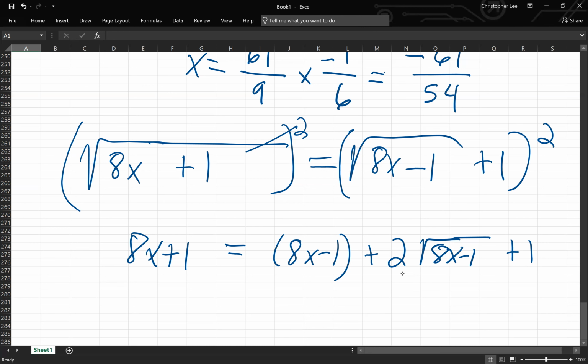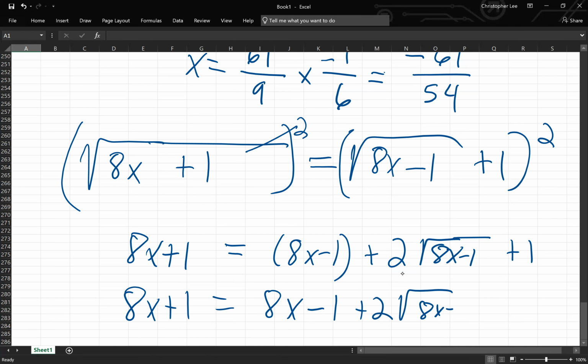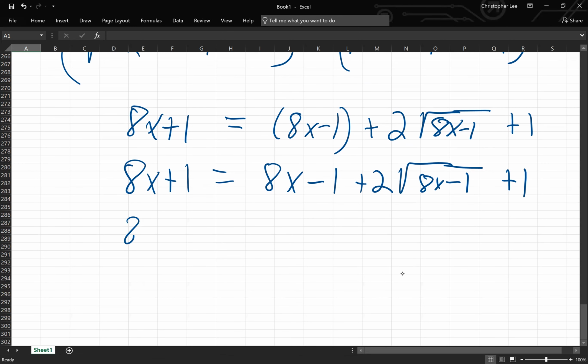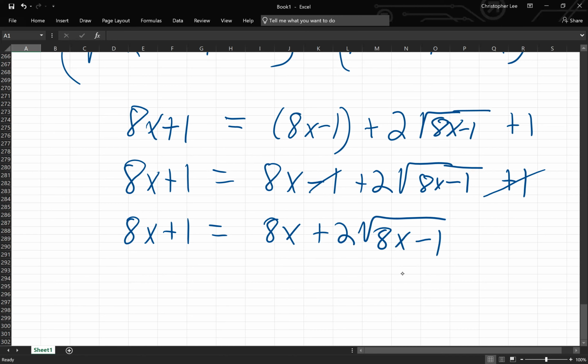So I have 8x plus 1 equals 8x minus 1 plus 2 times the square root of 8x minus 1, plus 1. Combine like terms: 8x plus 1 is equal to 8x, the negative 1 and plus 1 will cancel out, plus 2 square root 8x minus 1.